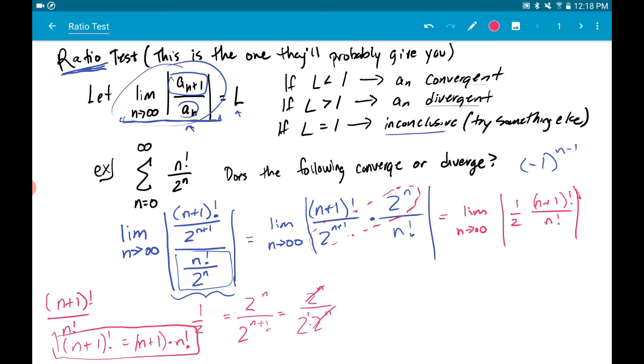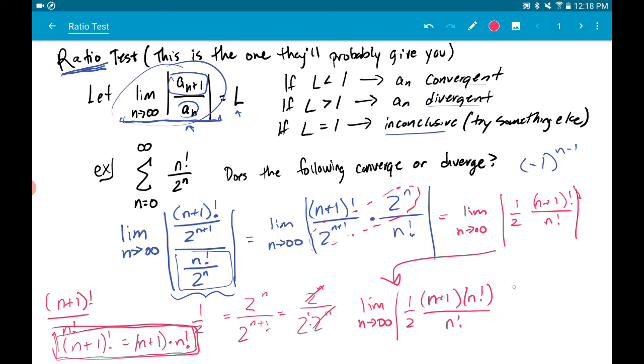So this little handy definition allows us to rewrite this as the limit as n approaches infinity of 1/2, and then on the top we have n plus 1 times n factorial over n factorial. Those cancel, and now we have the limit as n approaches infinity of 1/2 times n plus 1.